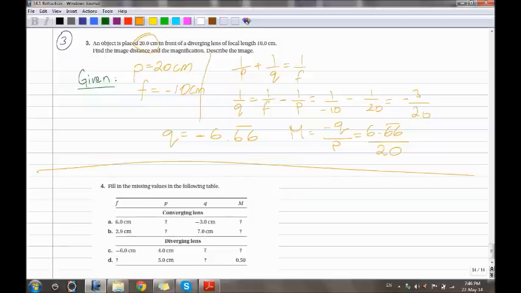So the answer is 0.333. So here the image is virtual and upright.